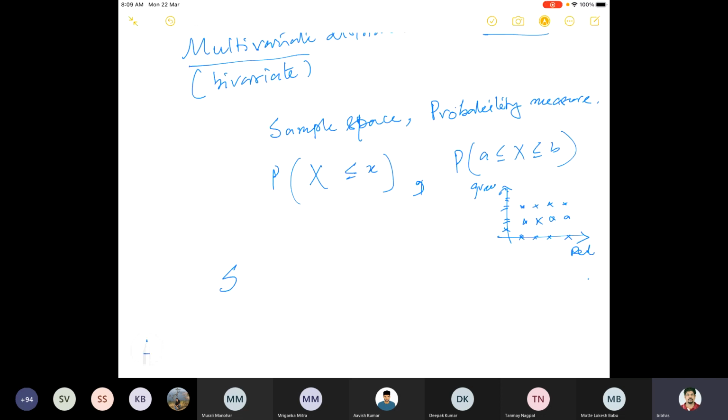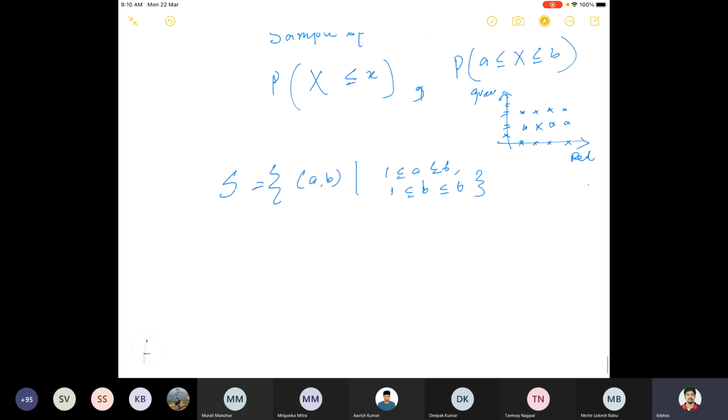So S is all those pairs (a, b) such that a is 1 to 6 and b is also 1 to 6.